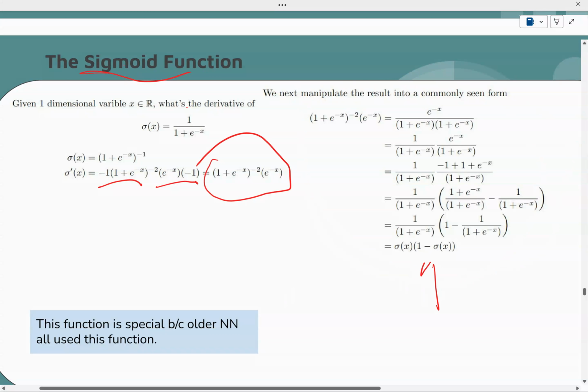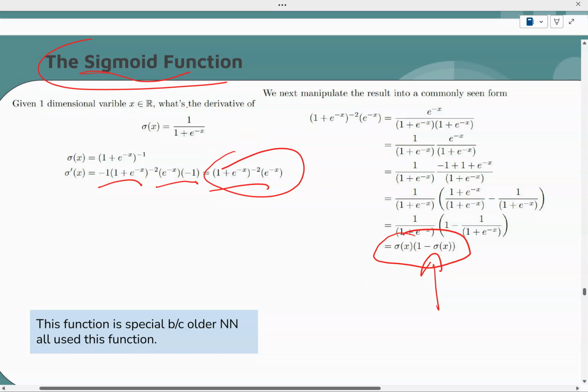In textbooks, they tend to represent the sigmoid's derivative like this, but they're equivalent. Now, sigmoid was really important back then. It's still pretty important today because it was the original function used inside neural networks, what they call the activation function. Nowadays, they don't use sigmoid as much.